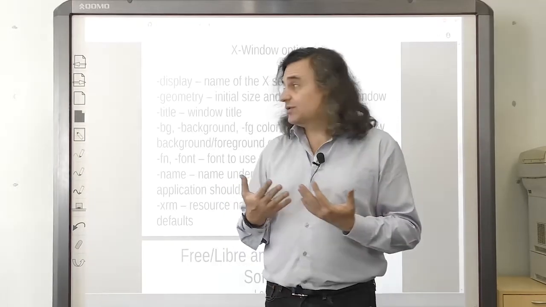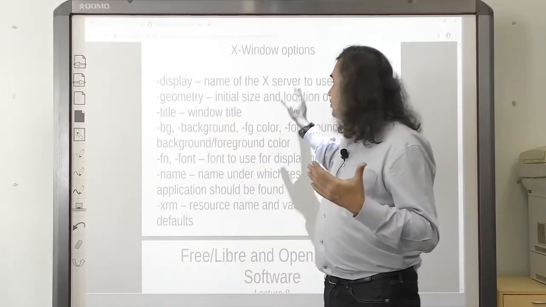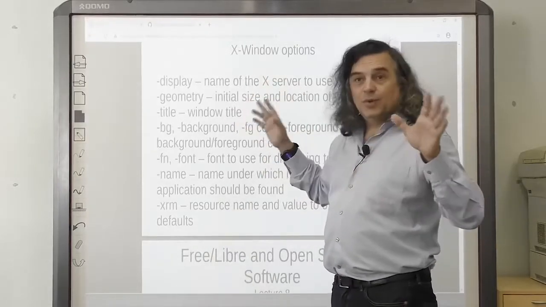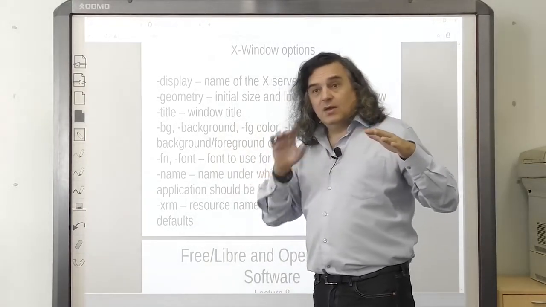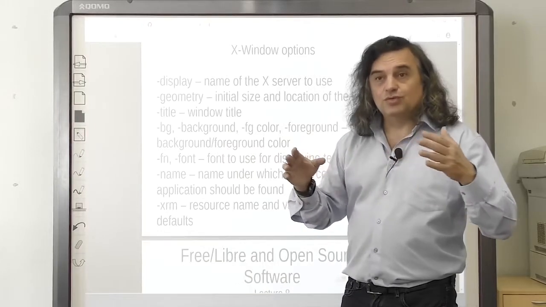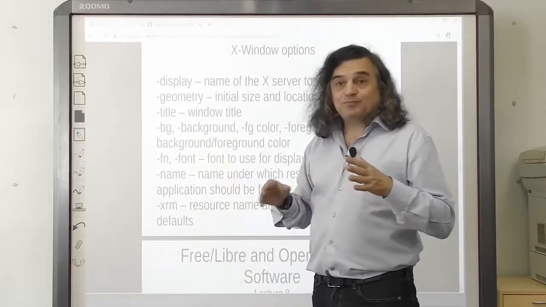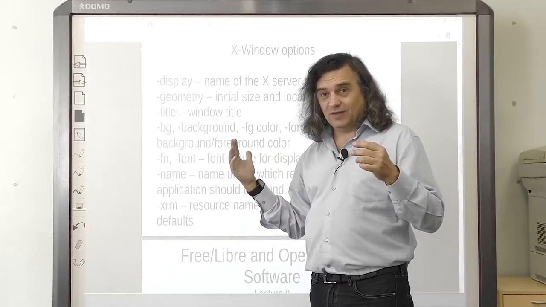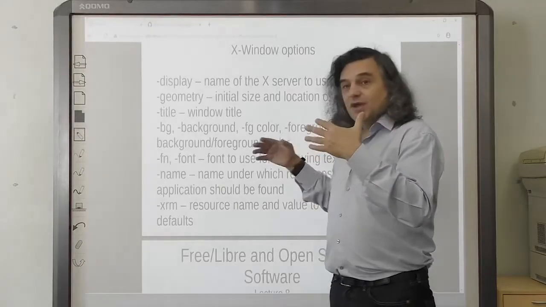The most commonly used are: display, the name of the X server to use; geometry, the initial size and location of the window; title, the window title; background and foreground, colors for the window; font to use for displaying text; and some resource-related options: name, under which resources for the application should be found, and xrm, a resource name and value to override any defaults.